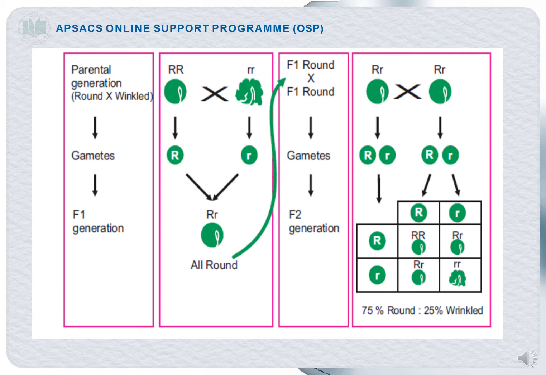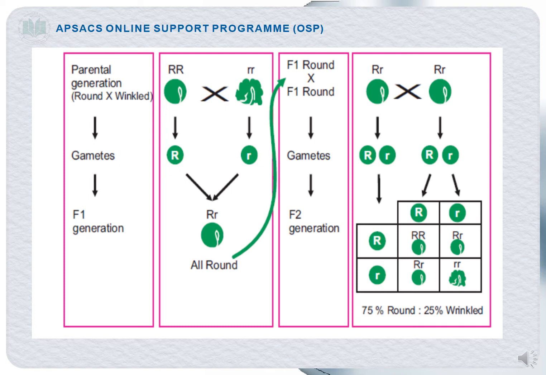First we form the gametes, which are haploid, and the fusion of gametes results in a zygote, a new individual or F1 generation, which is also called the filial generation, and all the resulting individuals are round. Why round? Because we have a dominant allele that is of the round shape.